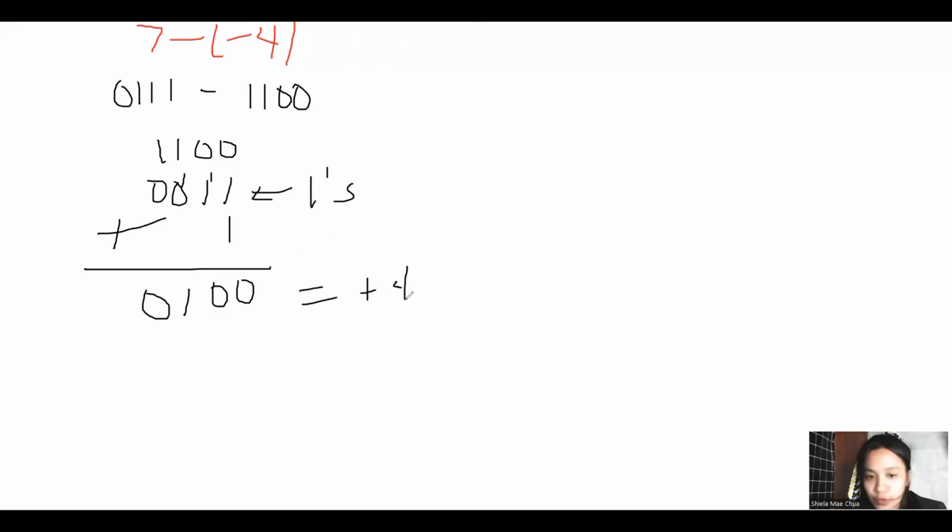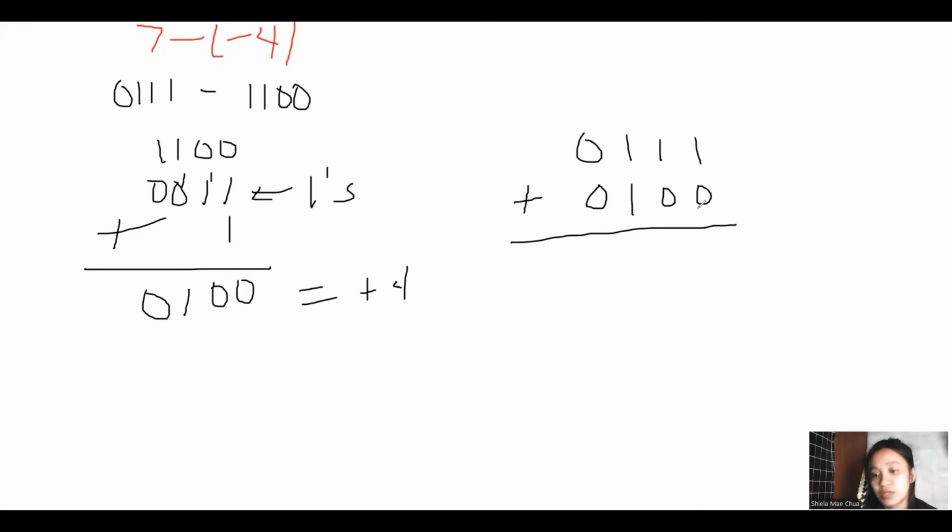We can now perform the addition. So 0, 1, 1, 1 plus 0, 1, 0, 0, which is equal to 1, 0, 0. Then 1 plus 0 is 1. 1 plus 0 is 1. 1 plus 1 is 1, 0. 1 plus 0 plus 0 is 1.